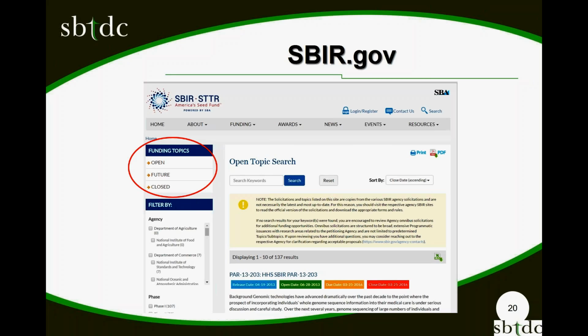Okay, so open and closed solicitation searches are very key. Okay, so SBIR.gov covers all of those 11 agencies. Once you start to get a feel for a particular 1 or 2 or 3 agencies that really has a match or an interest in what you're doing, then you can start drilling down further within that agency. Okay, and we'll talk about that in a second.